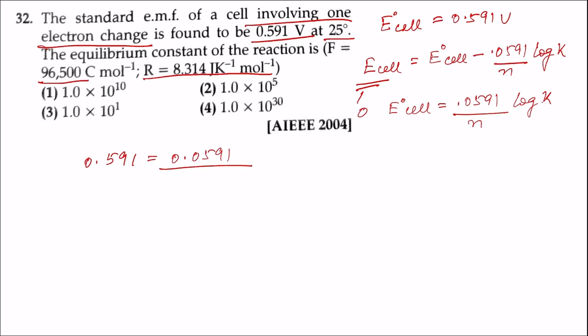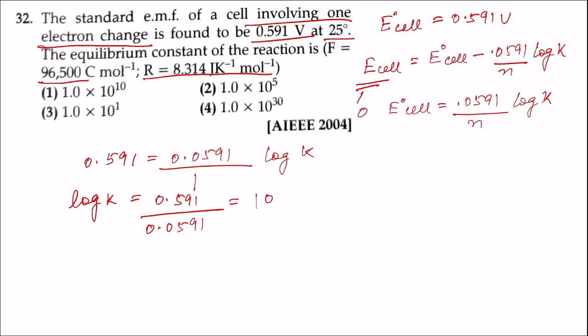So here the value of n, the number of electrons, will be 1, log K. Solving, the value of log K will be 0.591 divided by 0.0591, and this is equal to 10.